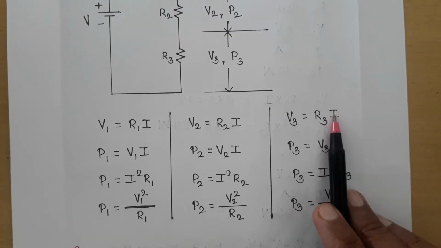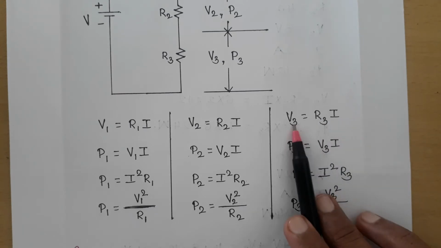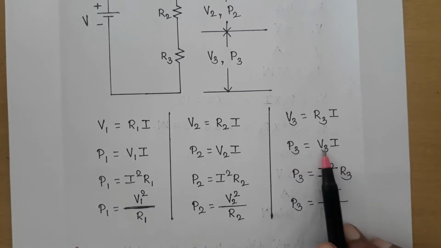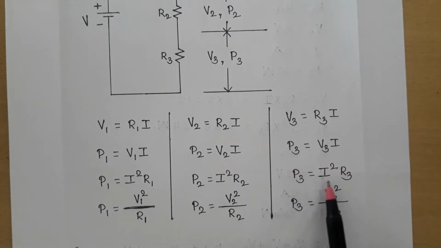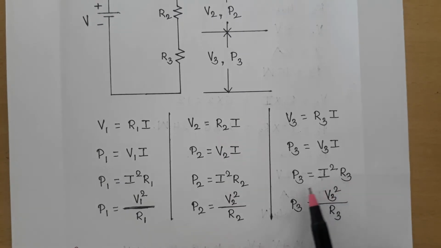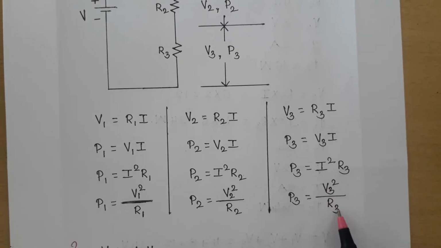Similarly for the third element, V3 equal to R3 into I. There is no I1, I2, I3 because the same current is flowing in all the elements. P3 equal to V3 I if you know voltage and current, P3 equal to I square R3 if you know current and resistor value, and P3 equal to V3 square by R3 if you know voltage and resistor value.